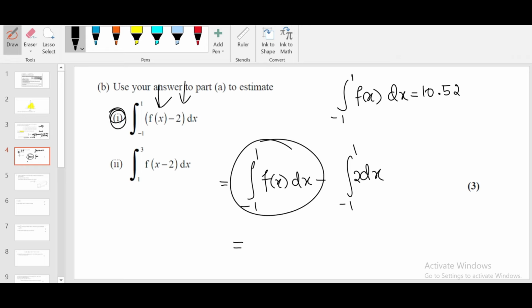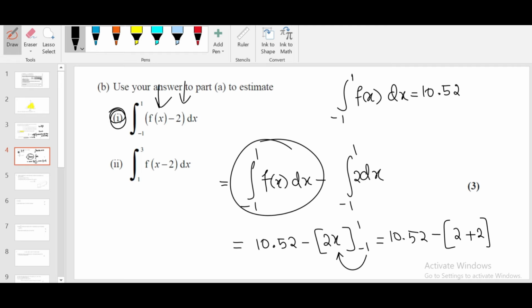This can be replaced by 10.52 minus, this is just a normal integral. The integral of 2 is 2x. You put the limits. So 10.52 minus, you sub in the upper limit: when you replace x by the upper limit, 2, minus, when you replace x by the lower limit, minus 2. So it becomes plus 2. When you subtract, you will get 6.52. That's the answer for i.